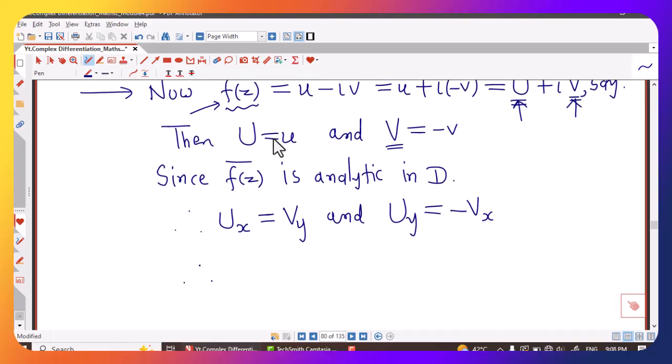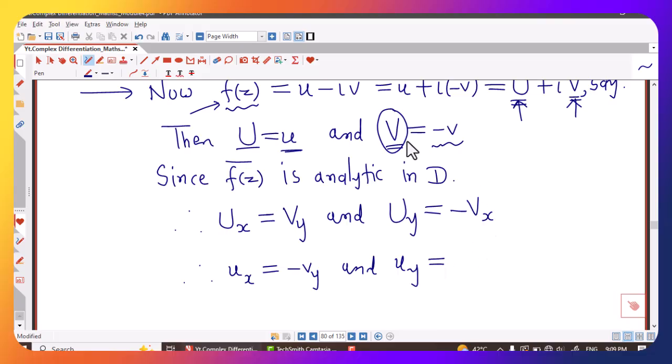And now capital U is equal to small u, therefore we have ux. Capital V is minus of v, so del V by del y becomes minus small v with respect to y. Similarly, U equal to small u, therefore del U by del y equals small u with respect to y.